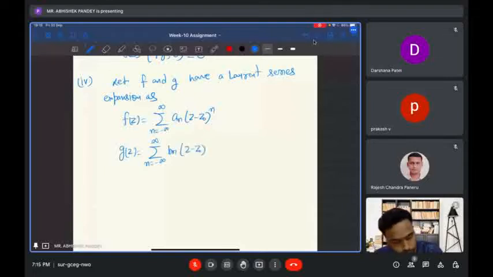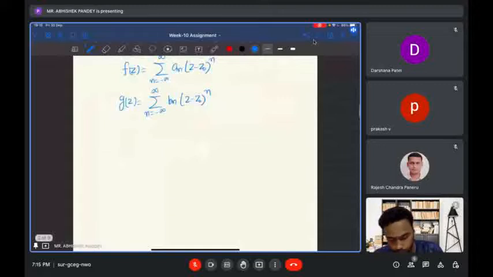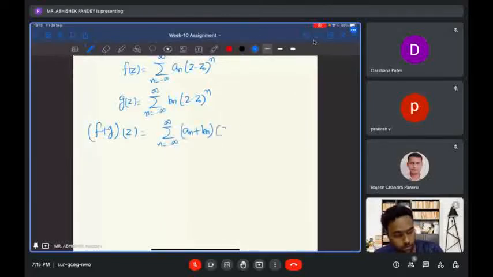Now f plus g has a Laurent expansion as follows. So the residue of f plus g at z naught is equal to a minus 1 plus b minus 1.